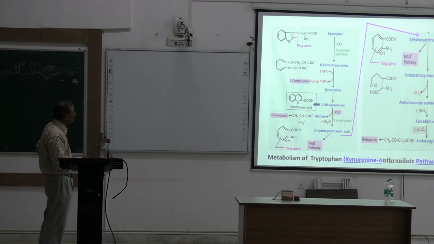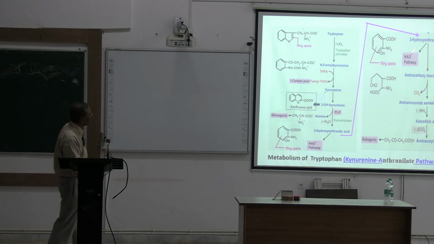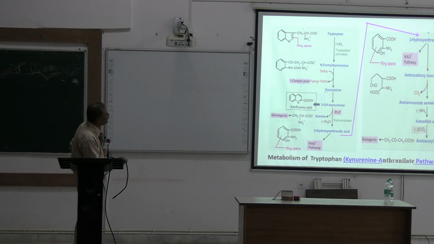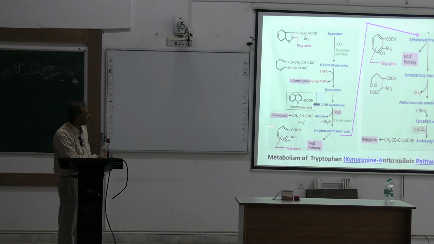So you see why it is called kynurenine anthranilate. Kynurenine is produced here, you see in this reaction. And anthranilate is there, this 3-hydroxyanthranilic acid. This is the reason it is called the kynurenine pathway or kynurenine anthranilate pathway. So this is the major pathway of tryptophan metabolism.